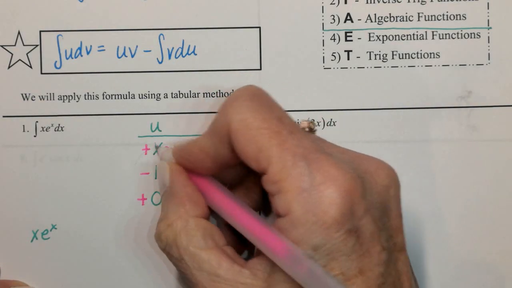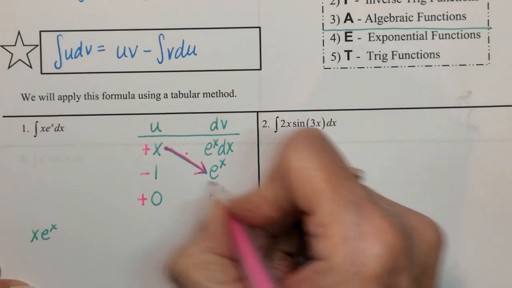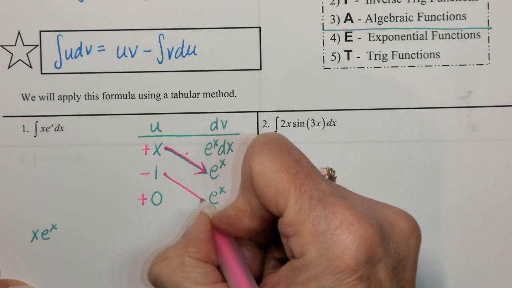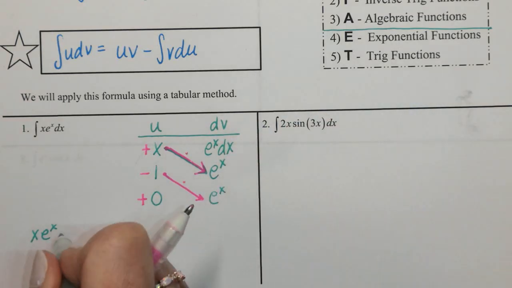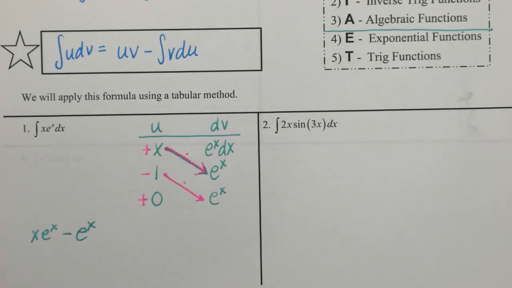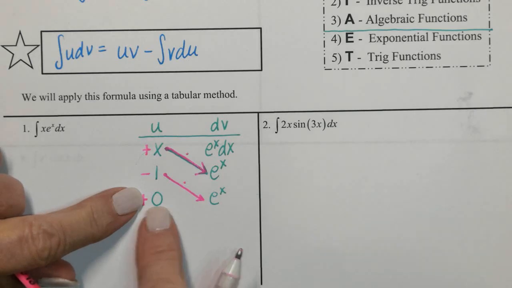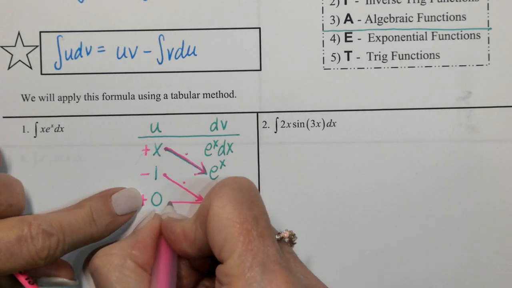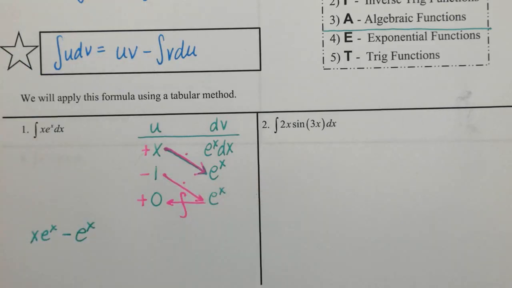After you do the plus, minus, you multiply diagonally and multiply diagonally. So our next term here of our answer would be a negative e to the x. Now, we have a 0 here, but sometimes you won't have a 0 there. If you go horizontally, you integrate because you're going to still have an integral there. Okay?